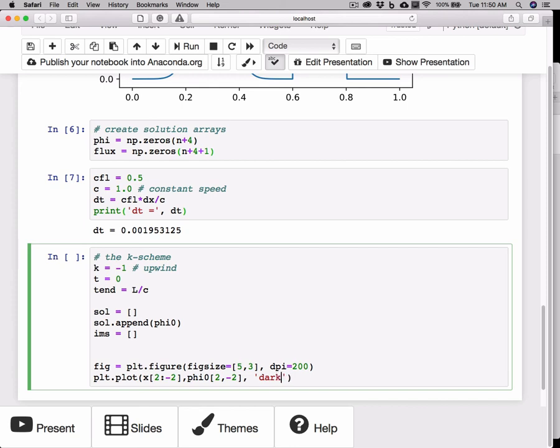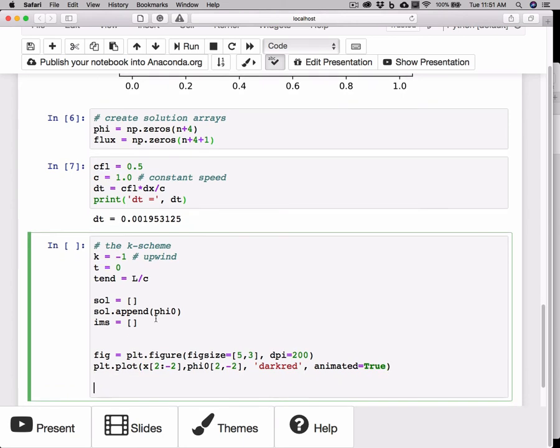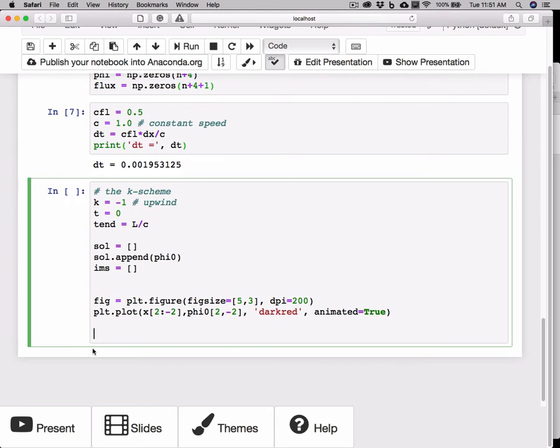Dark red, that's the color, animated equals True. Never mind these things, you don't have to do these things.